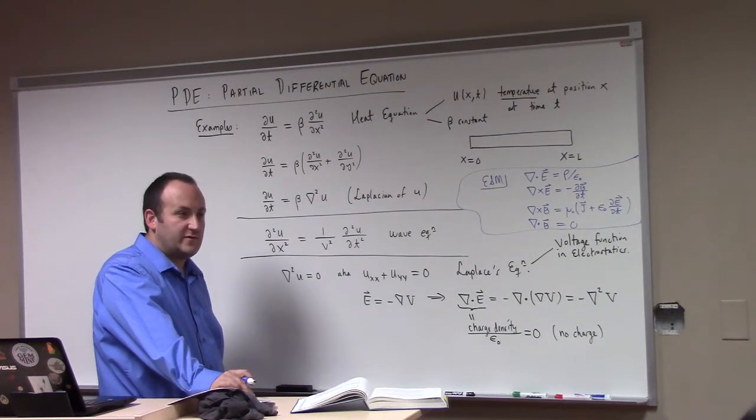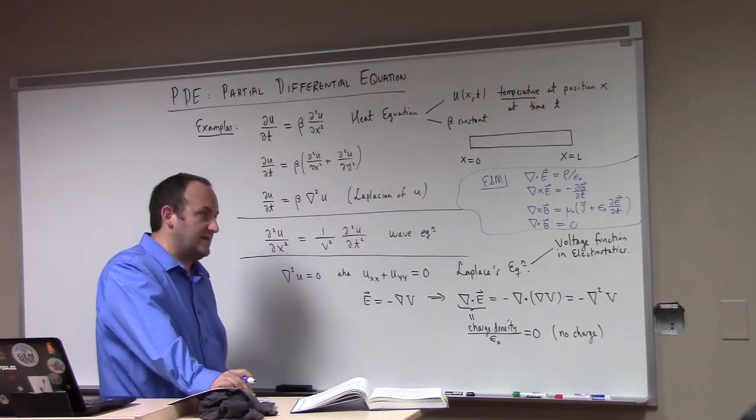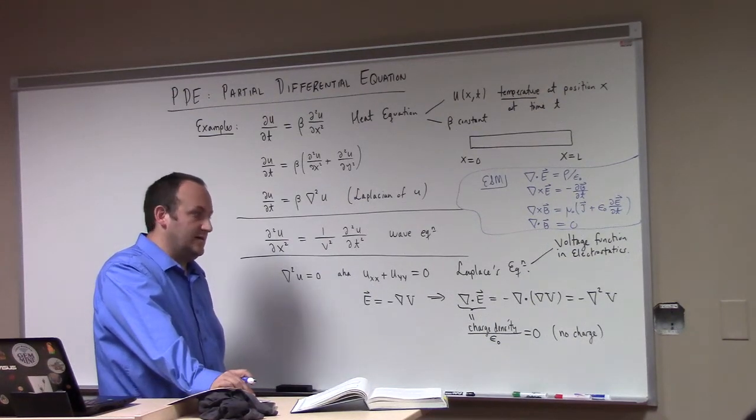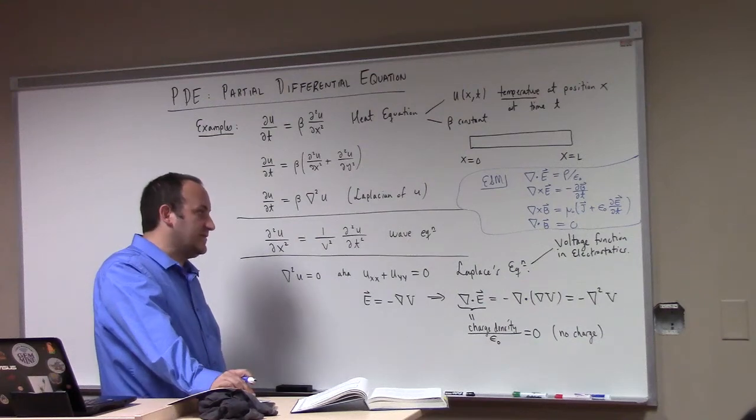In fluid flow, the Navier-Stokes equations are, again, partial differential equations. In general relativity, the equations that Einstein found in 1916 or so, again, partial differential equations. My point to you is most of modern physics at its base, at least classically speaking, is partial differential equations. So these are important in terms of trying to solve.